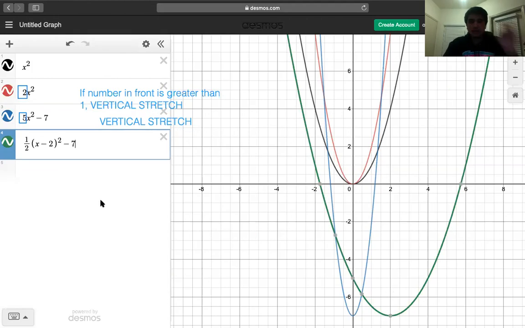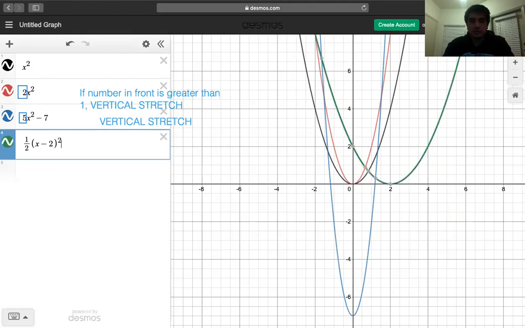But if you can kind of tell, let me bring it up so it's next to it. You can tell between the black one and the green one, right? Remember, the black is the parent function. The green is our new parabola. It's this one. So this one's a little wider, okay? Remember the other ones where the number in front was greater than 1, those were a little skinnier. So since it's a little wider, we call that a vertical compression. Like we're squeezing it and making it wider, okay?